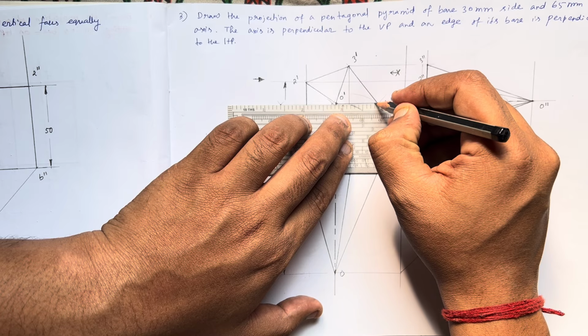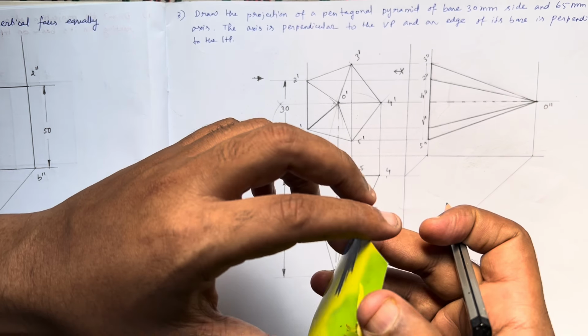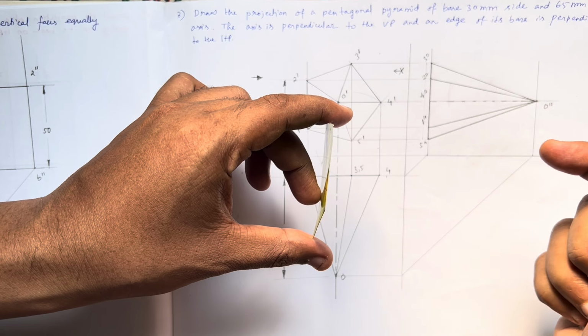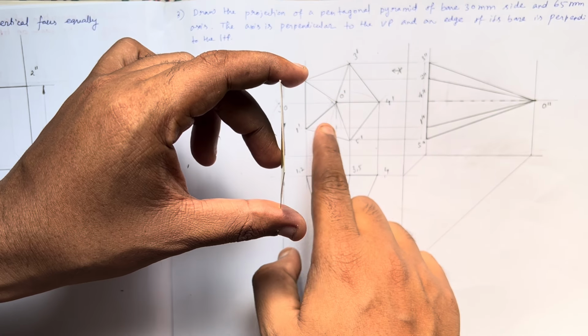These are all thick lines. This is your final object, because if you see from here the front view, the edges are shown, so those edges are this.